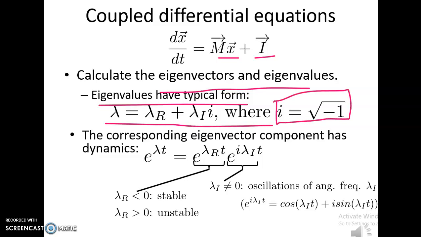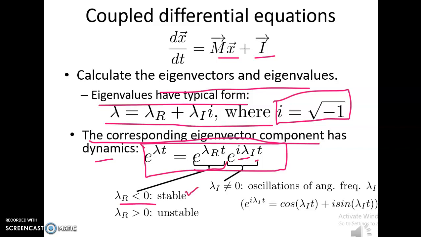So the corresponding eigenvector component has dynamics e power lambda t, equal to e power lambda_r t into e power i lambda_i t. If lambda_r is less than 0, it is the stable one.